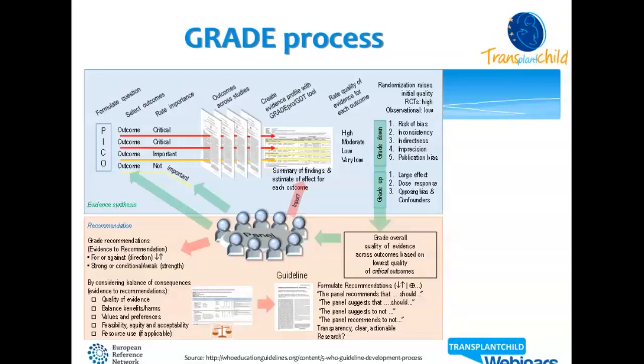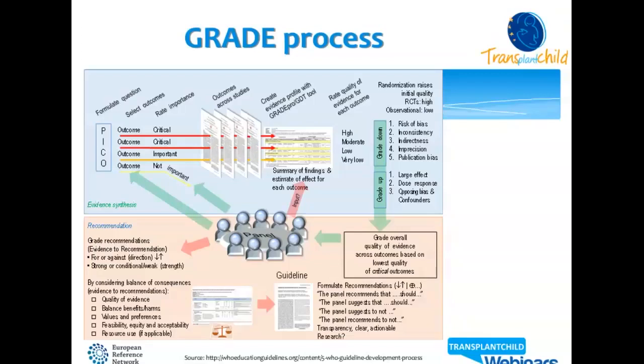As you see in this slide, you have at top the light blue square, which is the process of evidence synthesis. So all of you have done or read some systematic review. Here you will see from formulating the question in the PICO format on the left of your screens until the right, where you rate the quality of the evidence. All this process is the process of systematic review.